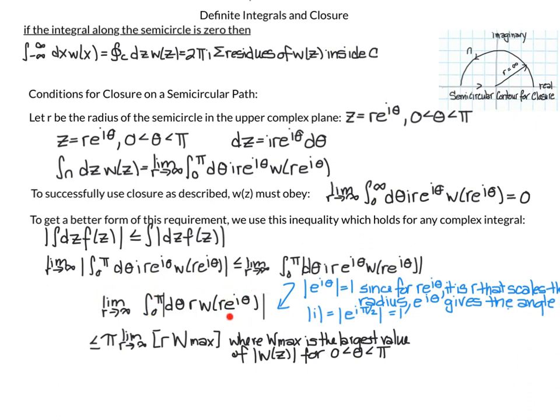That means this integral is less than or equal to our base, the length of our interval, which is pi, times our maximum, w max, where w max is the largest value of the absolute value of w of z on the interval 0 to pi. And if we want this integral to go to 0, that means w max must shrink to 0 faster than 1 over r.